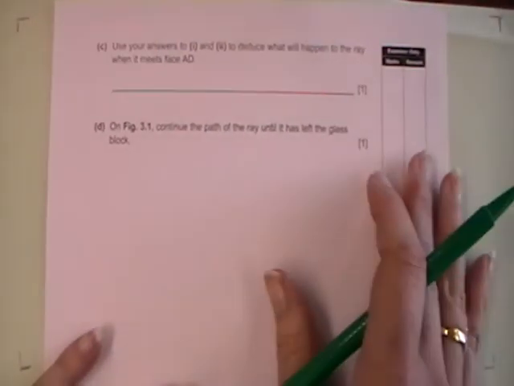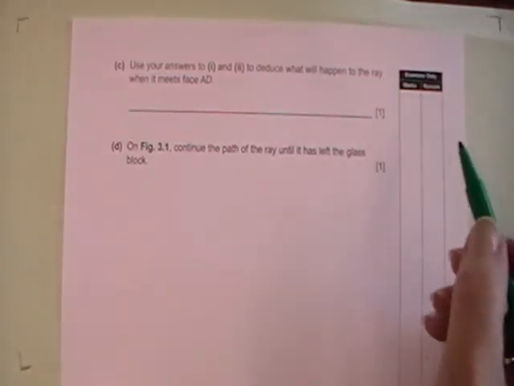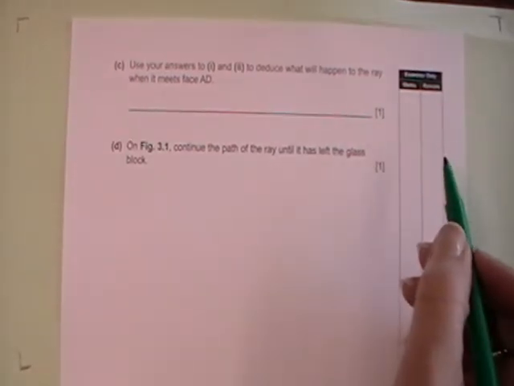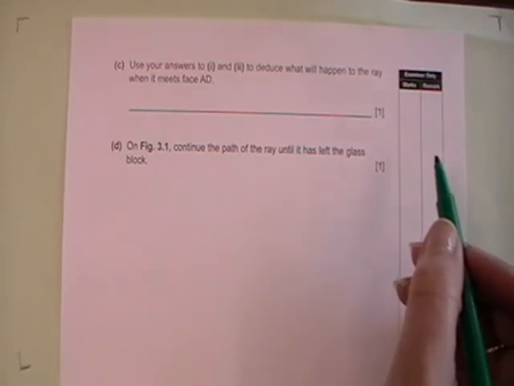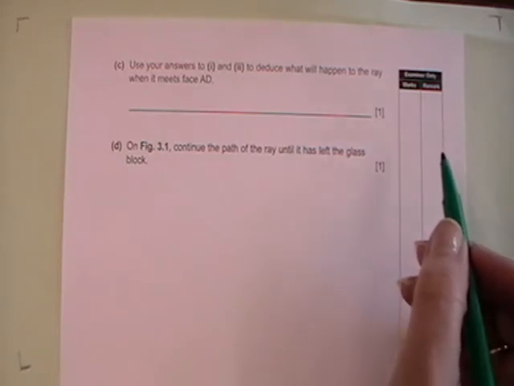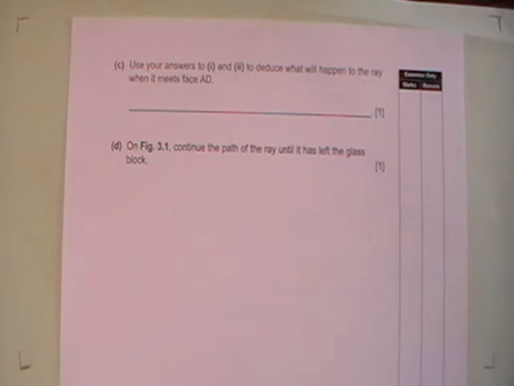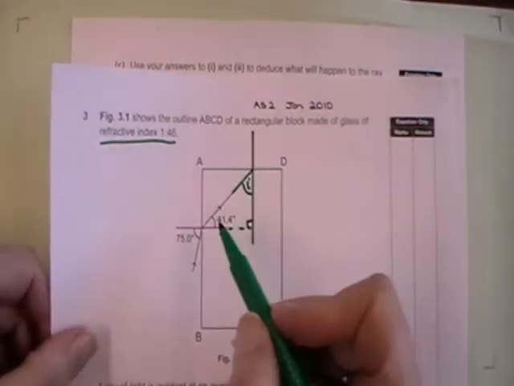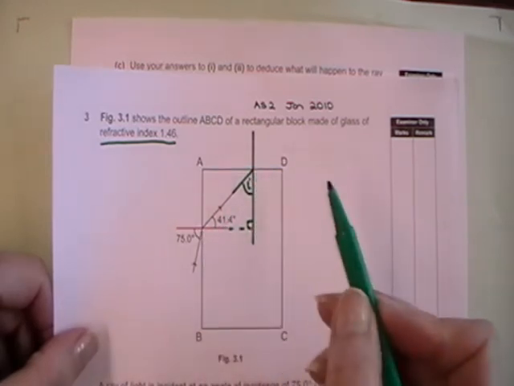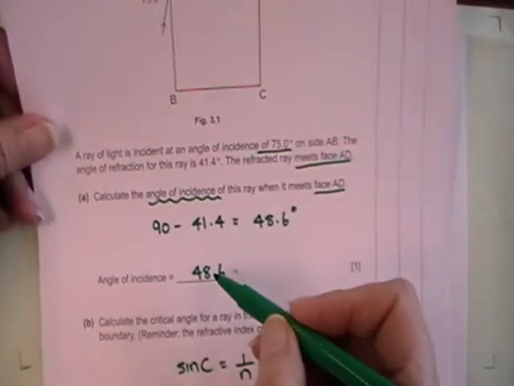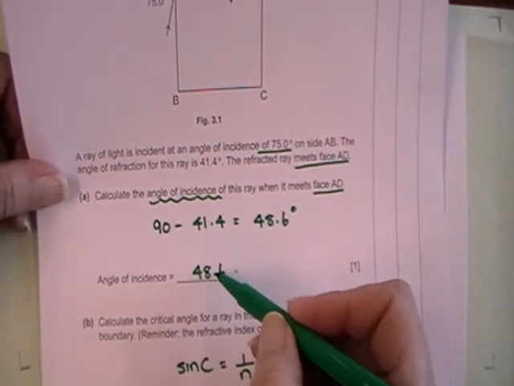Moving on to the next part of the question then. Part C tells us, using your answers to 1 and 2, deduce what will happen to the ray when it meets face AD. We had the ray meeting face AD at an angle of 48.6 degrees.